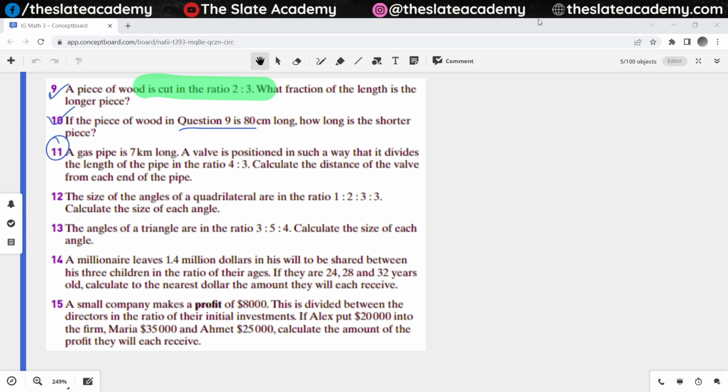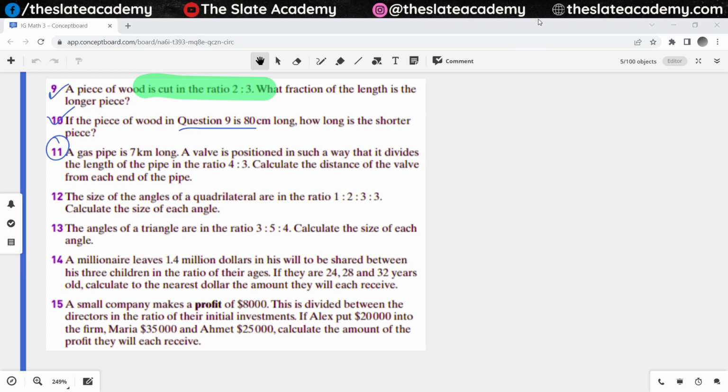Anyone? What's the value that's being divided? Arman? Miss Aisha? What's the value that we're dividing in this question? The quantity that's being divided in this question.